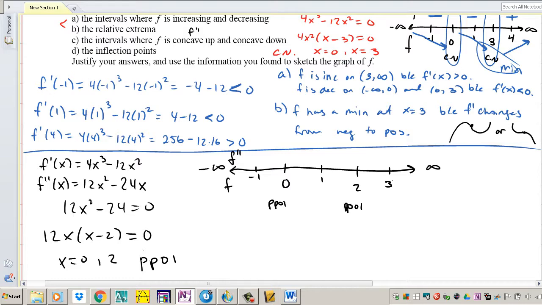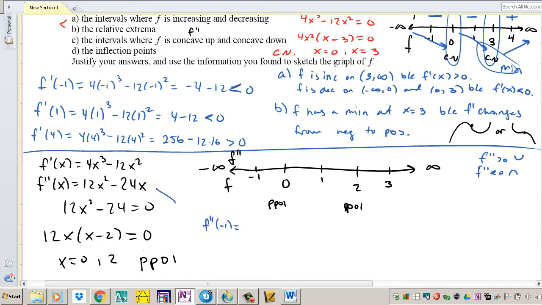So let's go ahead and test these now. Let's use the second derivative to test the signs. Again, if the second derivative is positive, we have concave up. If the second derivative is negative, we have concave down. So let's see f double prime of negative 1.